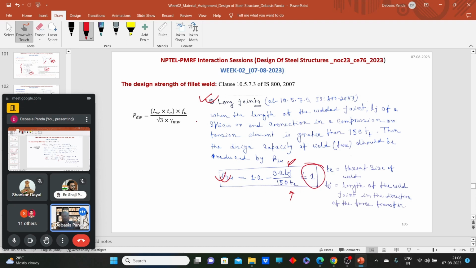When the element joint is greater than 15 Te, then we need to consider that beta lw factor. Most of the time, as a designer, these factors are eliminated at the first stage of the design. But if someone asks you in a question what the reduction factor should be, this is the reduction factor as per clause 10.5.7.3.